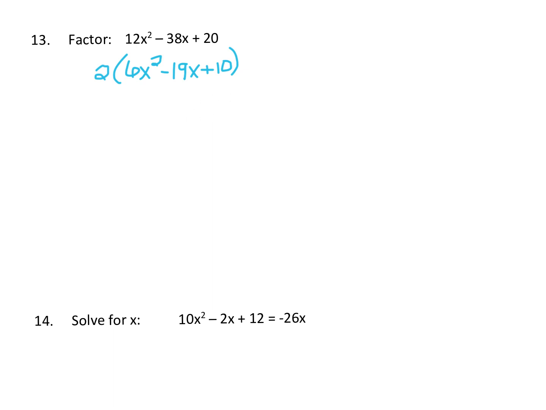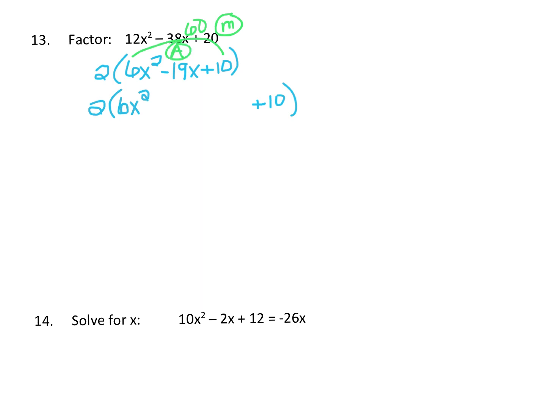What we do is after we bring down the 2 and open a parenthesis, we bring down our first term, we leave a big space, we bring down our last term, and we're going to come up with 2 numbers that multiply to 6 times 10, so multiply to 60, and then add to negative 19.